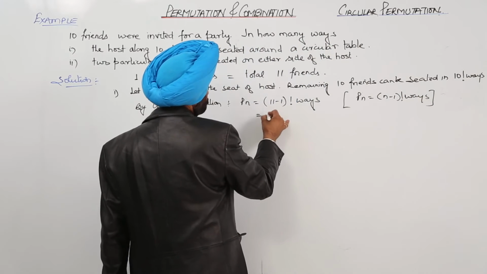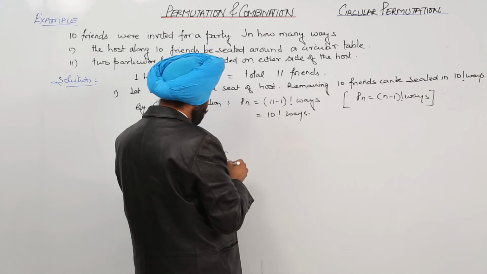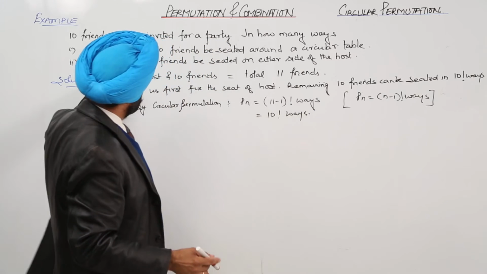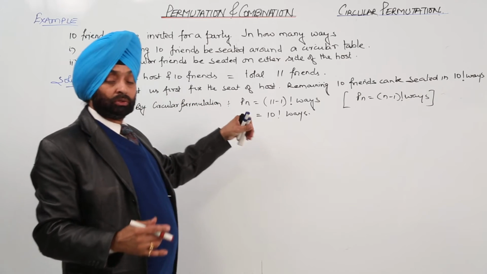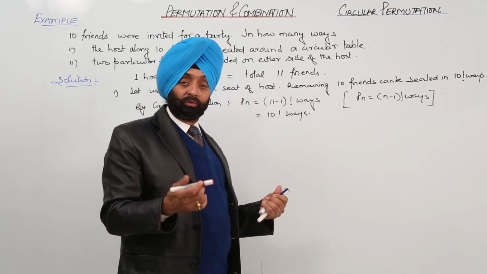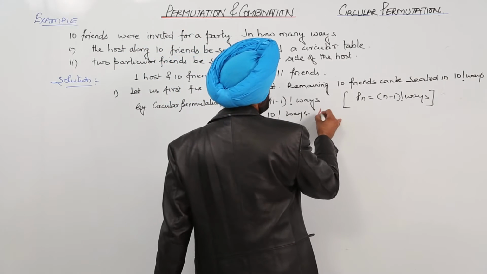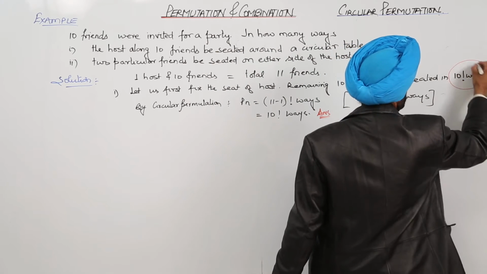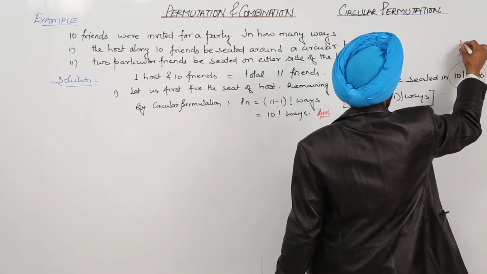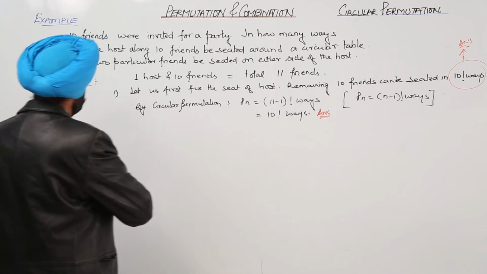So this becomes 10 factorial ways. Either you can go for this part or you can directly write this part. Total are 11, so along the circular table, what will be the permutation? That will be 10 factorial ways. This is the answer for the first part, and it is one and the same thing. Now going for the second part.